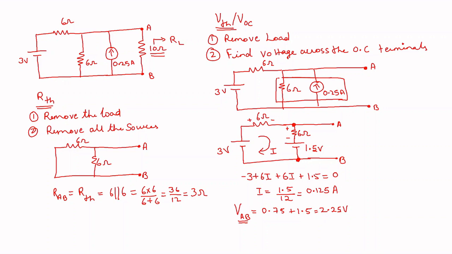This voltage VAB is called the open circuited voltage because I am finding the voltage across open circuited terminals. So first, initially I open circuited this terminal by removing the load, and I am finding the voltage across these two terminals. So it is also called open circuit voltage, VOC.